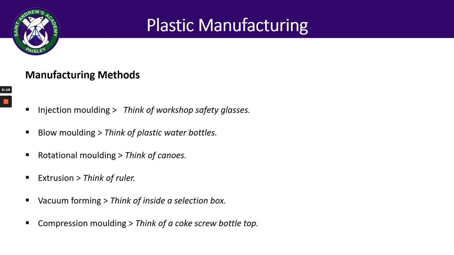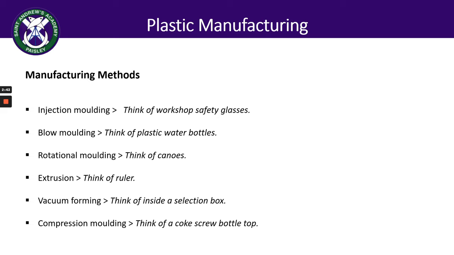On this slide, where I've named the different manufacturing methods, I've also given you a product to associate with each one, and I find this really useful. What you can do is then compare any product you're asked to identify and see which one of these it might most closely match. So for injection moulding, I think of a complex shape. A good example is the workshop safety glasses.